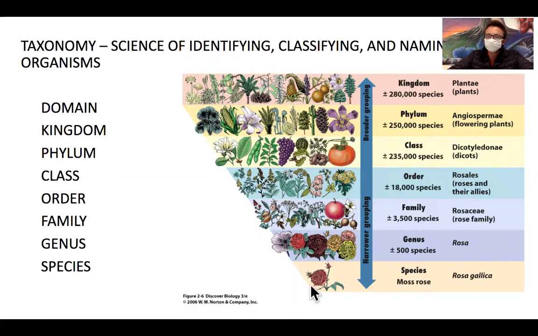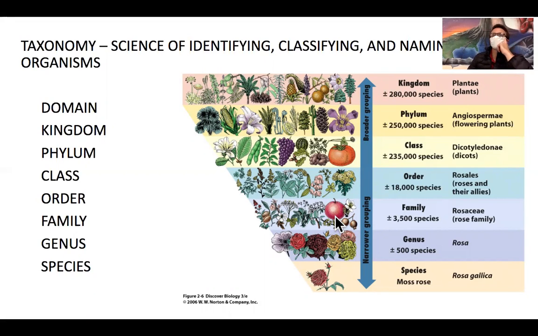So down here, this moss rose, Rosa gallica, is in the genus of Rosa, so all the other roses that you're familiar with. But when you get up to the family, Rosaceae, this is going to surprise most of you guys.